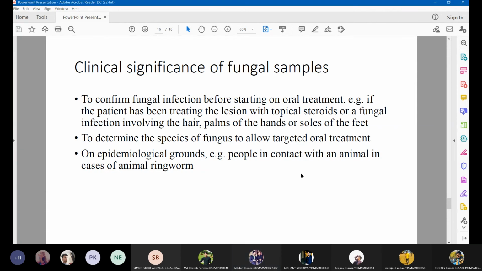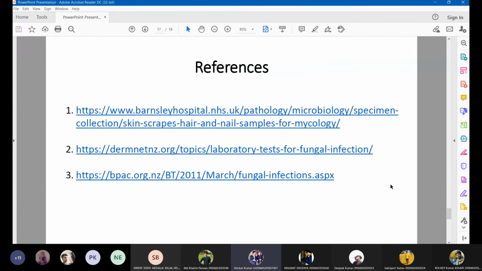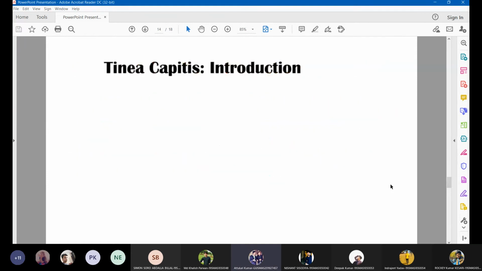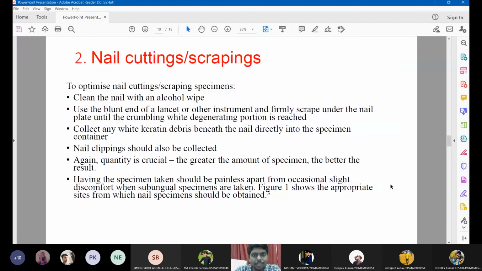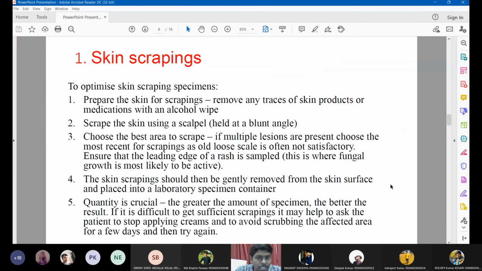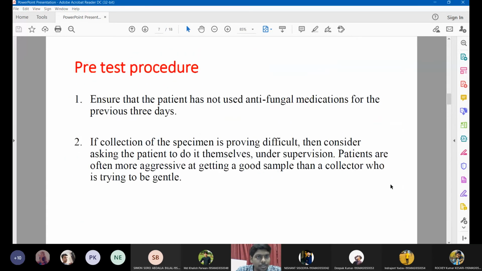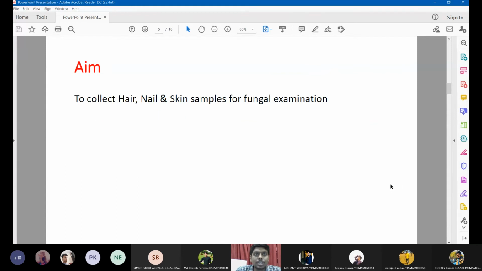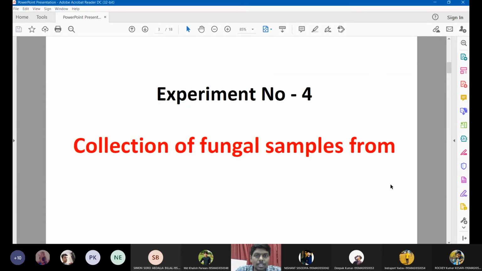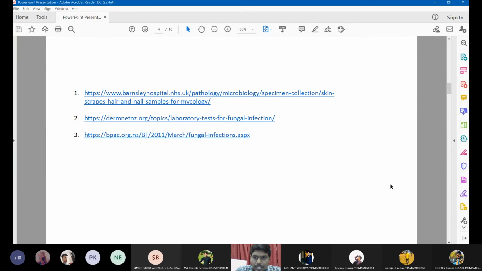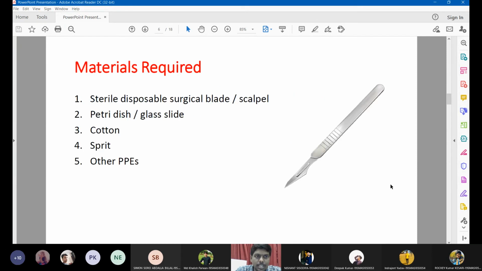Okay. So this is all about the clinical significance of fungal samples, students. So that's it. I know today's class was disturbed. Anyway, I will finish it. So today's laboratory overview is that we came to know about how to collect skin, nail, and hair samples for the detection of fungus, right?